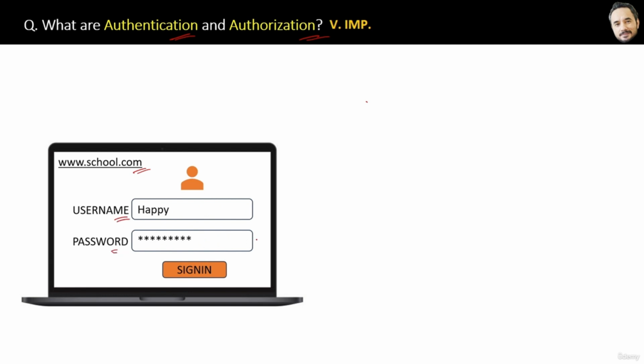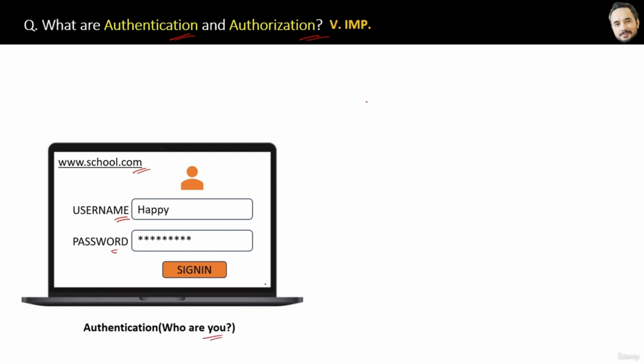Now by entering those credentials here, you are basically verifying your identity with the school, that yes, you are a student or a member of this school. Then only the website will allow you to enter, right? This concept of identity verification is called authentication, which basically asks you who are you.